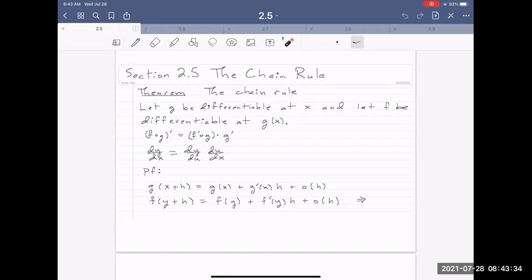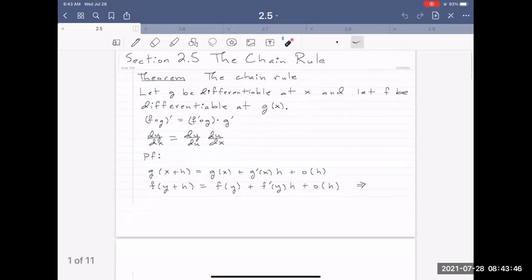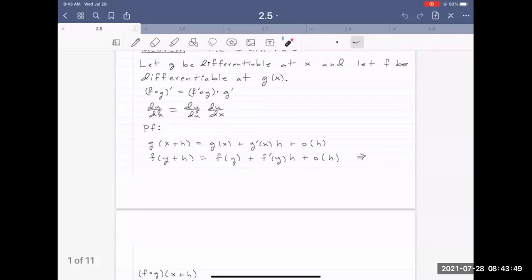It turns out that the proof of the chain rule is actually quite difficult. Why is it difficult? Suppose you wanted to prove the chain rule using the difference quotient definition.